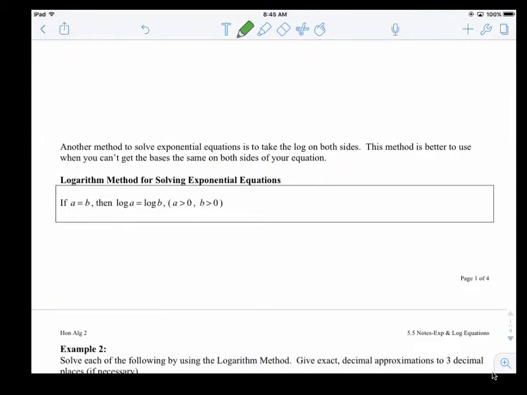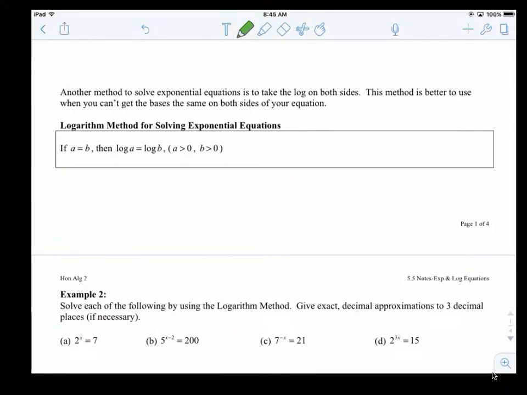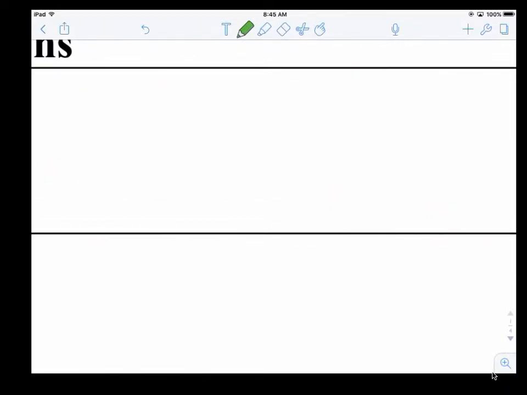All right, so the other way that you can do it, we kind of talked about it towards the end on Friday, is if you have an exponential, you can take the log on both sides, right? So if I had, say, something like 2 to the x is equal to 10, and I wanted to get the x just to be by itself.